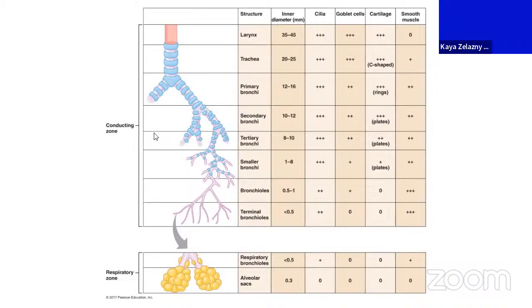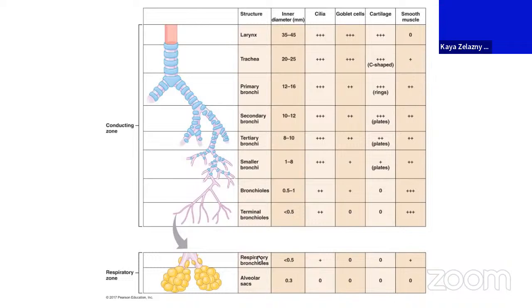That's part of our conducting zone, but not all of our conducting zone. So as we get smaller, the conducting zone is going to be filled with dead air, right? So it's where gas exchange is not happening. So the smaller structures, our bronchioles and our terminal bronchioles, don't have cartilage, but we're not yet to the location where we start to have gas exchange.